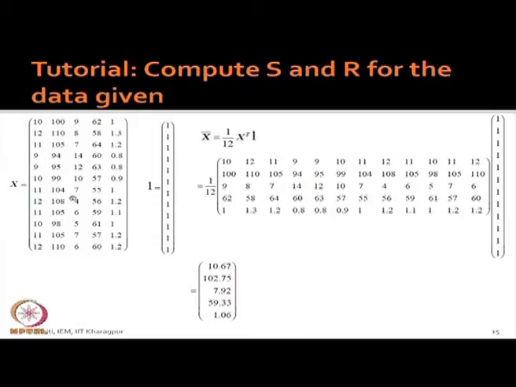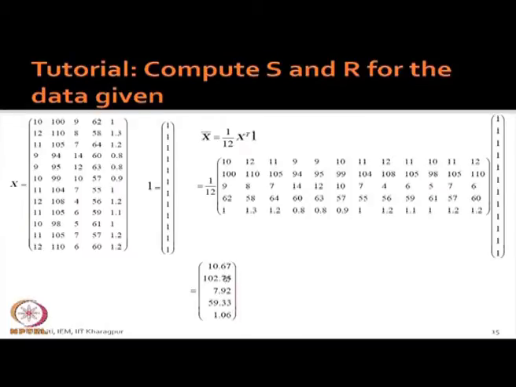I want to compute the mean. As there are n data points, I created one unit vector with n data points. My n is 12 here, so it is a 12 cross 1 vector. Then x bar is 1 by 12 x transpose 1. When I multiply all those, I got these values.